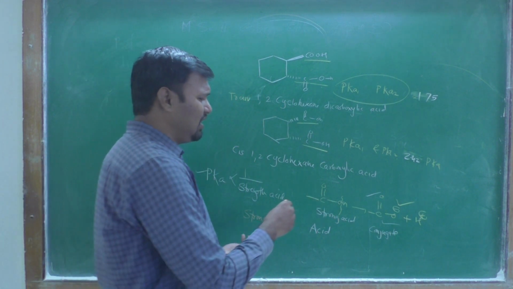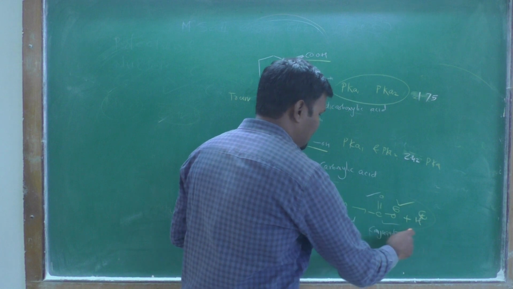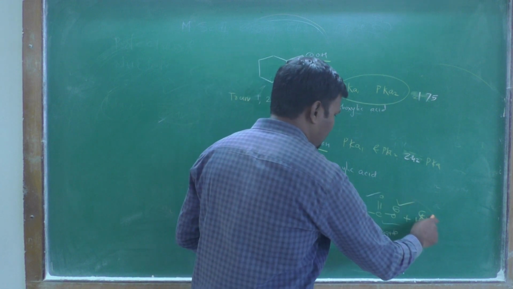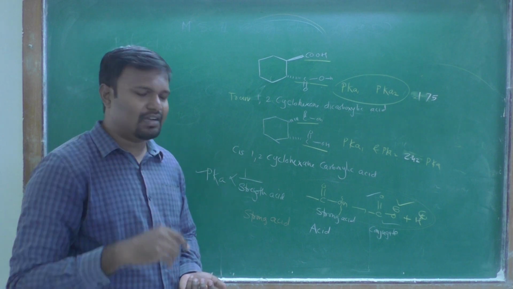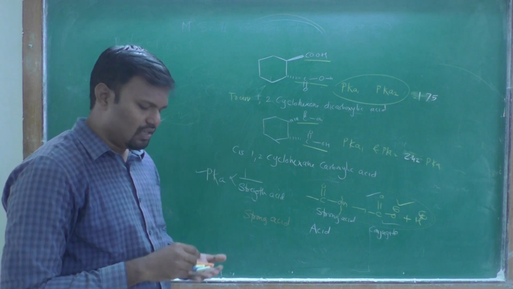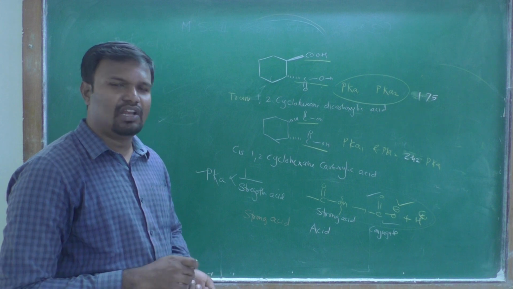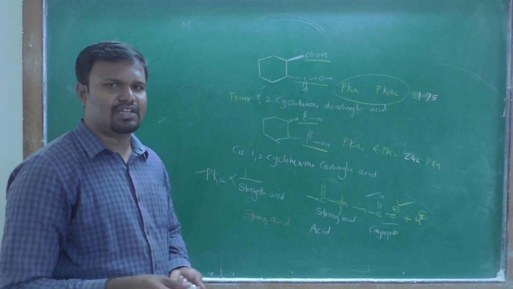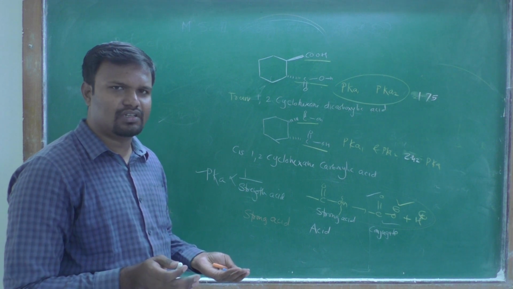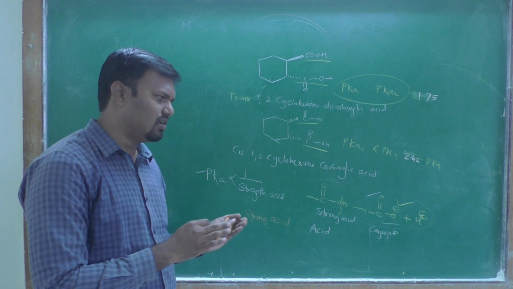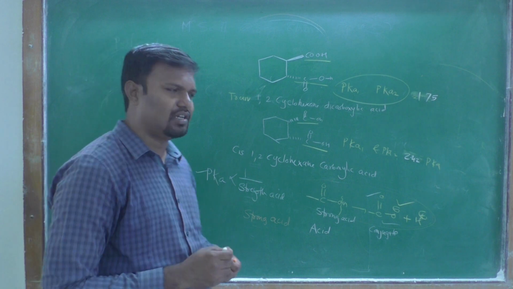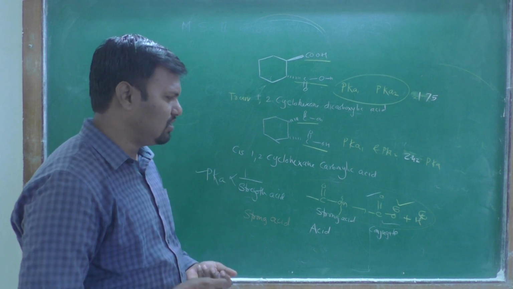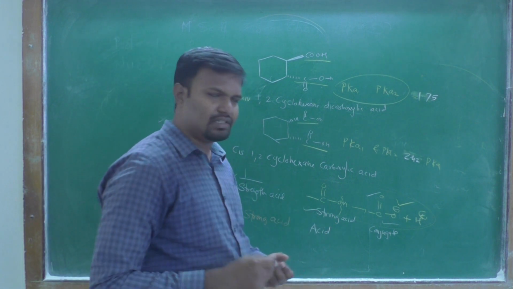If it easily dissociates, easily gives the H plus ion, 90 or 95 or 100% giving H plus ions, that particular acid is a strong acid. It dissociates easily, which means it is a strong acid.